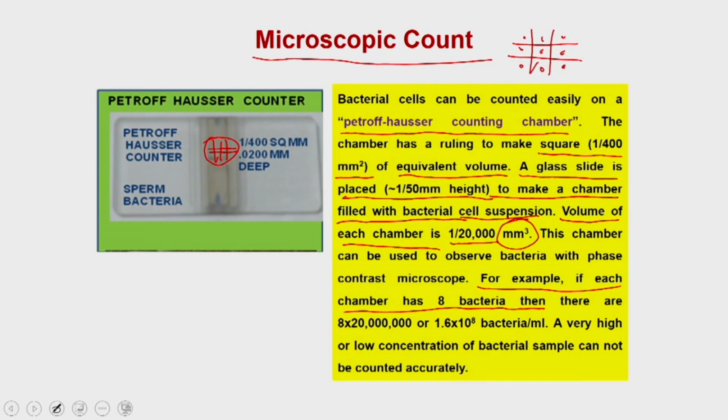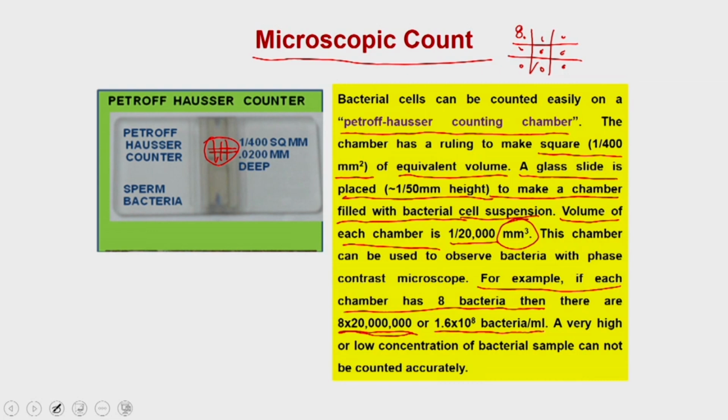Suppose you have 8 bacteria, then you multiply that number by this conversion factor, if you want to convert it into the number of bacteria per ml, and the number you are going to get is 1.68 into 10 to the power 8 bacteria.